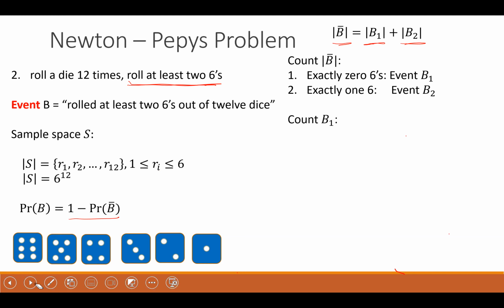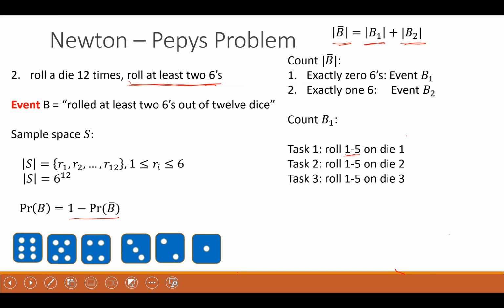B1, well, that's simple. It's pretty much the same thing we did for the first experiment. We're rolling 12 dice in this case, but each of them can only take on the values 1 through 5. So I have 12 locations, 5 choices in each of those locations.